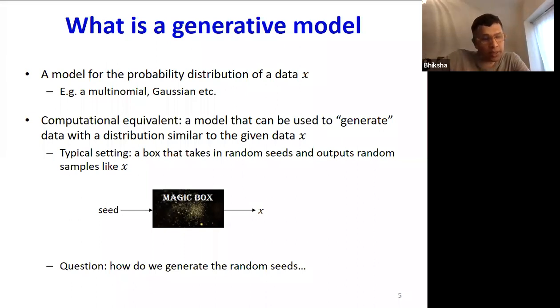If you want a generative model for some data X, this box will generate data such that the distribution of the data it generates will match the distribution of the data you're trying to model as closely as possible. In either case, it's a probability distribution which can be parameterized, and you can write a function for it.